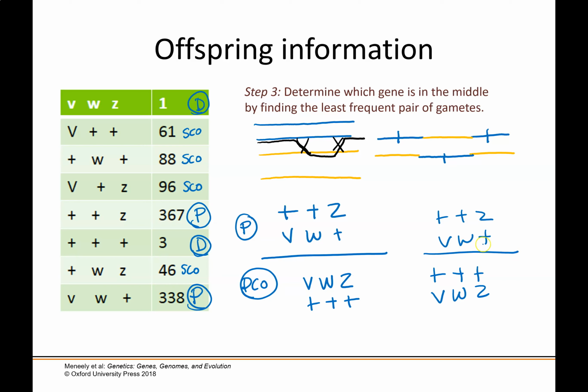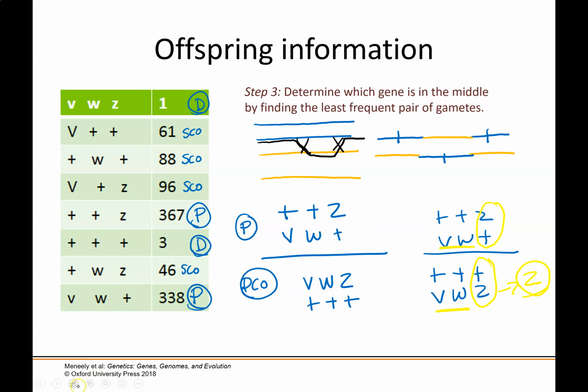If we write it the opposite way, we can see that V and W have stayed together. V and W have stayed together, but the Z has flipped. There's a new combination. So where we had wild type V and W with a mutant, now we have wild type V and W with a Z. So that tells us that Z is in the middle.